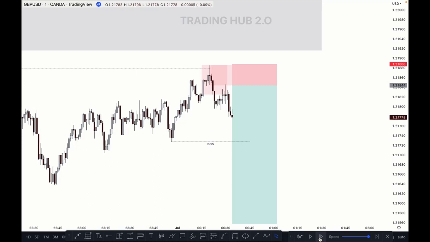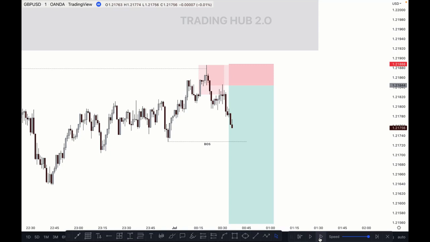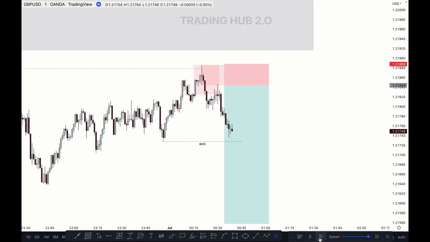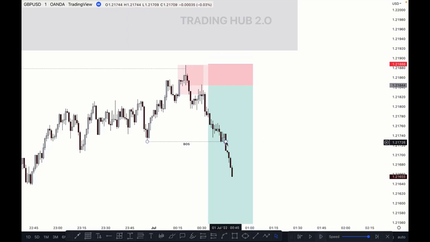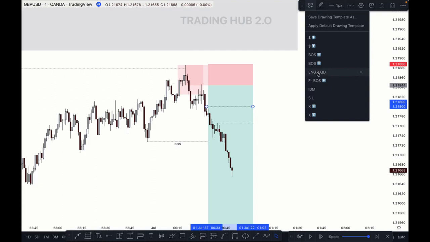You can see our first entry activated, and we wait for another entry. Let's see what happened here. As you can see, the market broke this structure. After breaking this structure, where is our first inducement? This high becomes our first inducement, and this high becomes our engineering liquidity.